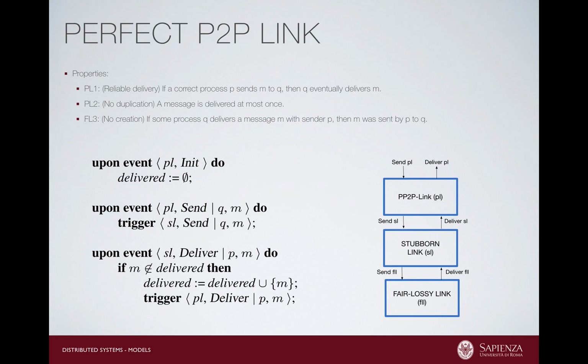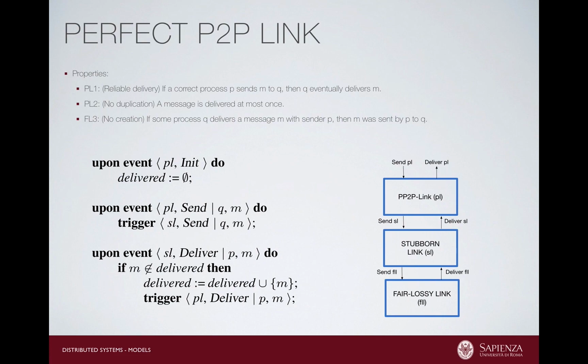For the stubborn link property, once we trigger the SL send event, our receiver will trigger stubborn link deliver an infinite number of times. And if it triggers it an infinite number of times, then by the fair loss property we know that it delivered the message.